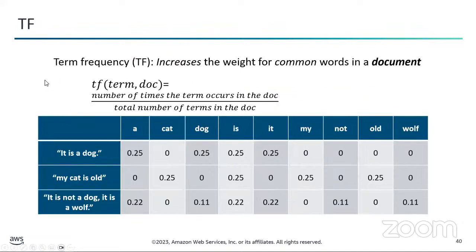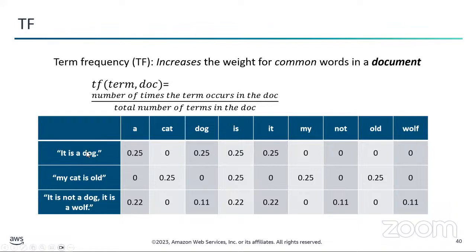Then it creates what we call the term frequency, TF, which increases the weight for common words in a document. So how do you calculate the TF? The term frequency is the number of times the term occurs in the document, divided by the total number of terms in the document. Term is another word for a word. So for example, over here, because there are 4 words and a occurs 1 time, 1 out of 4 is 25%.